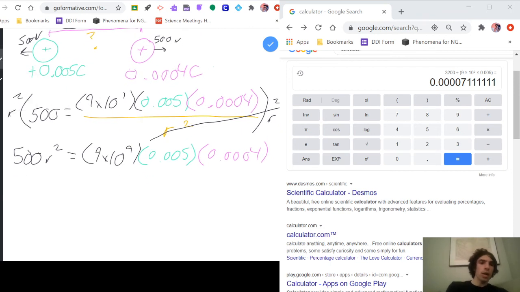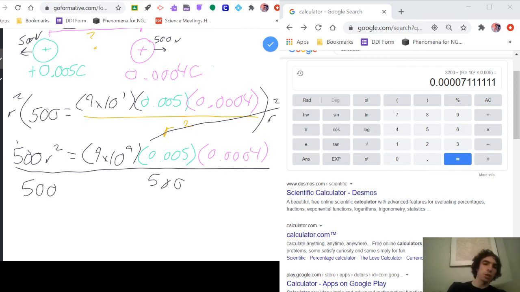In order to actually solve for the r squared, it's being multiplied by 500 right now. And if I want to get r squared by itself, I need to cancel out this 500, do the opposite of multiplication. So I'm going to divide both sides by whatever it's being multiplied by. In this case, that is 500. So I'm dividing both sides of this by 500.